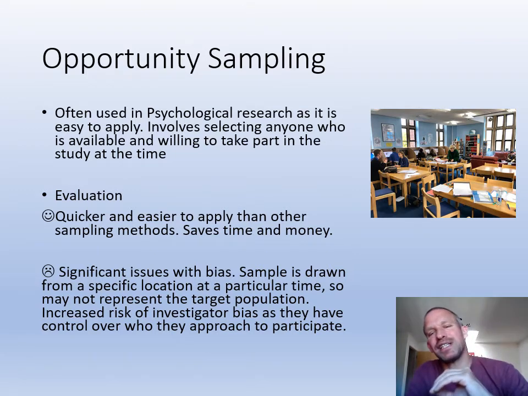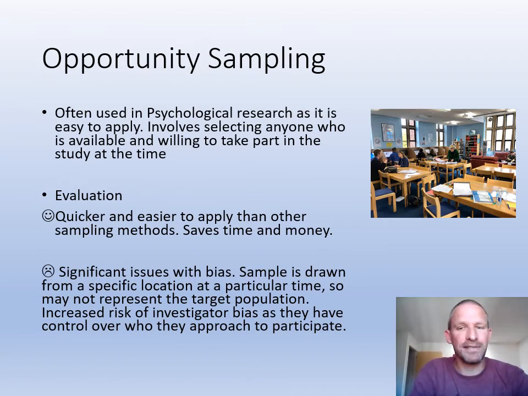So this is that trade-off. So yes, it is a lot more straightforward, quicker, easy. That person's got their sample just like that, saving a lot of time and money, which you do have to bear in mind with research. We've got to be realistic and practical with all of this. But as I said, there is a trade-off, and the trade-off is the issue of bias.